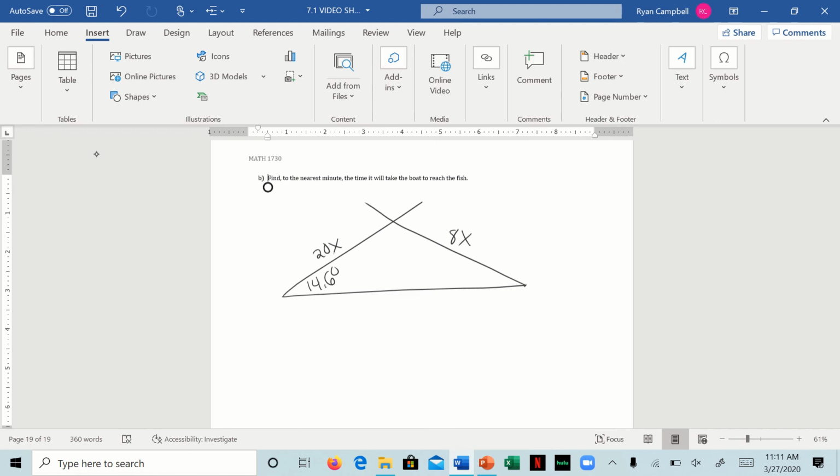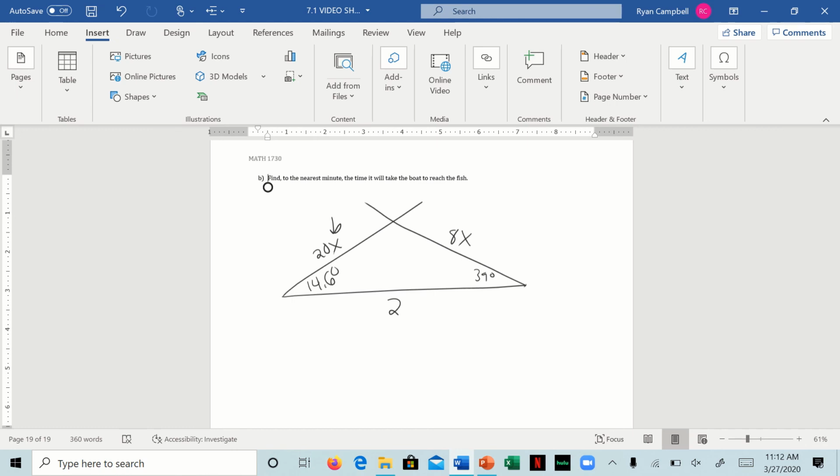This was 39 degrees, and this was 2 miles. So how long will it take them to reach that boat? Basically what we're trying to find is what's x in minutes? Because we already said x was the hours it took, right?